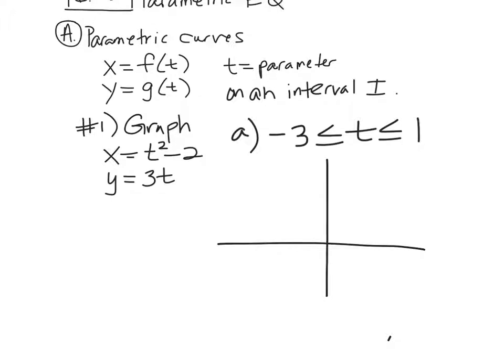If I had to sketch a graph of this, you can do it a couple of ways. One, you can go over to the table, and that'll give you the values. When t is -3, my first point is 7, -9. So 1, 2, 3, 4, 5, 6, 7, -9, there's my first point.